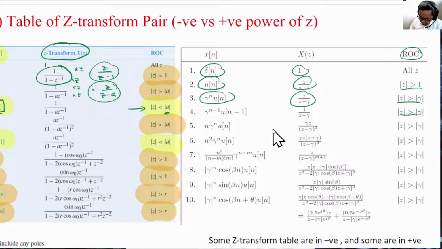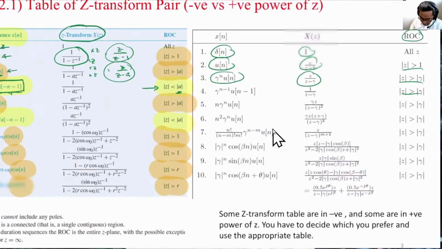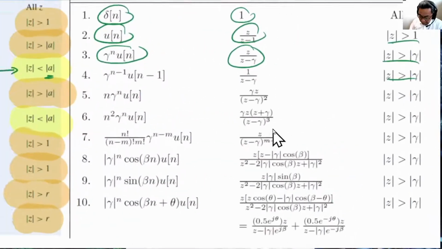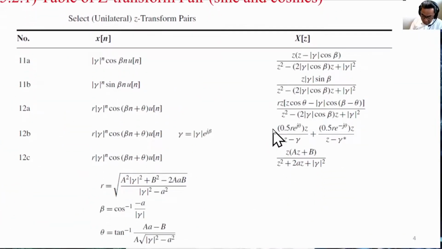What we expect you to be able to do is, given the Z-transform entries, manipulate them. Typically, I prefer the positive power of z. There are also more entries where we have cosine as well as multiplying by an exponential, decaying or growing depending on gamma.